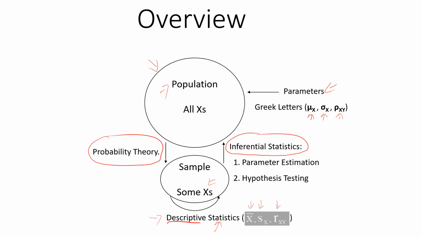Using probability theory, we'll take these descriptive statistics from the sample and use inferential statistics to make inferences about the population. And we can do this through two different ways, through parameter estimation and hypothesis testing, but we'll come back to that later.